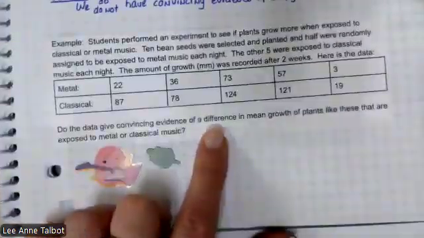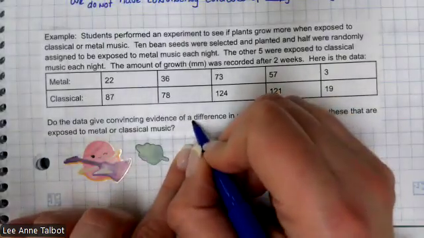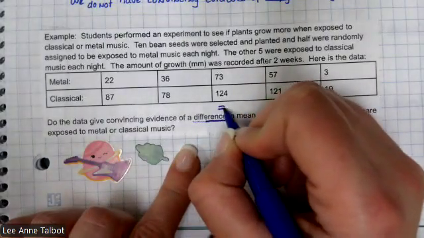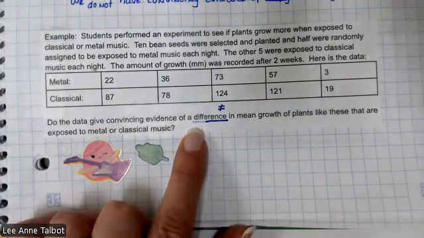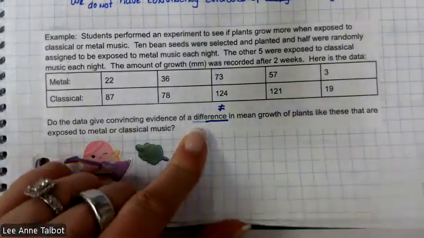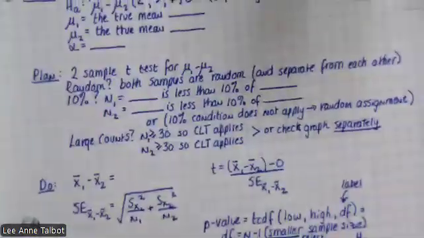So if you look here, this word is what tells you that you have a not equal to. It doesn't say that metal is greater than classical. It doesn't say classical is greater than metal. It just says a difference.